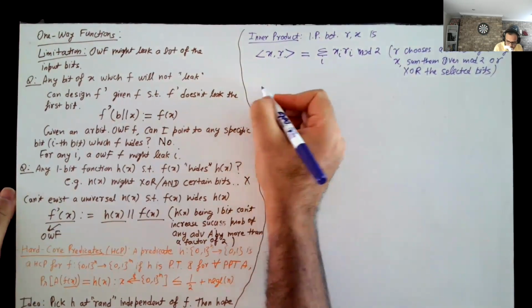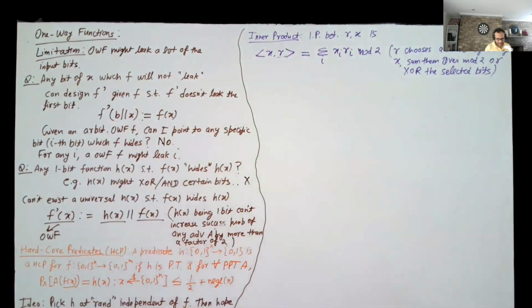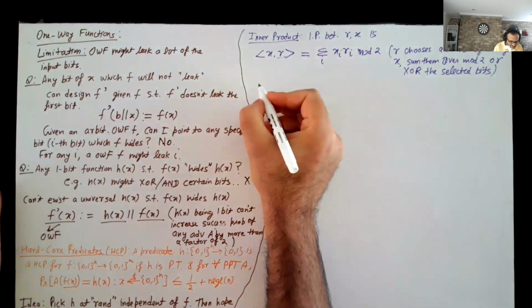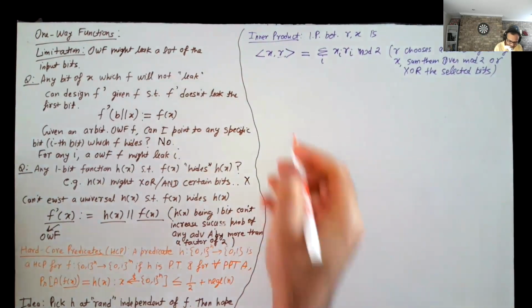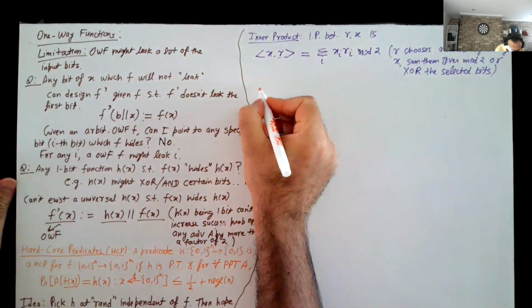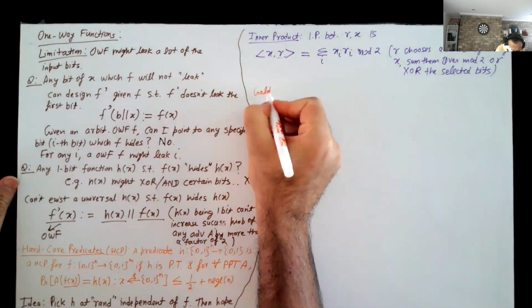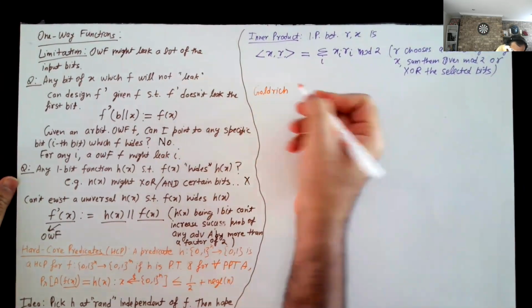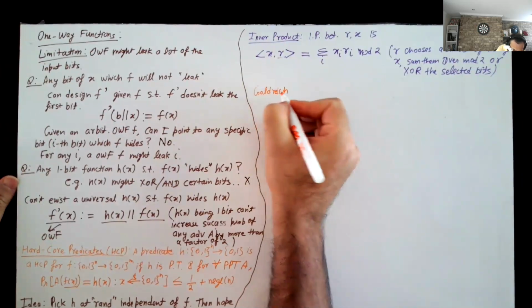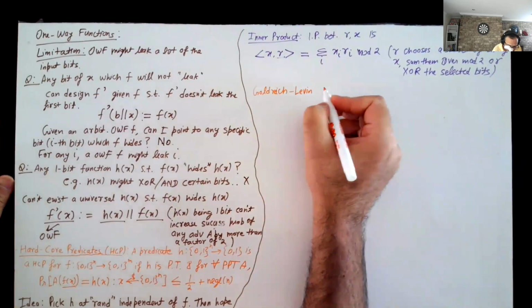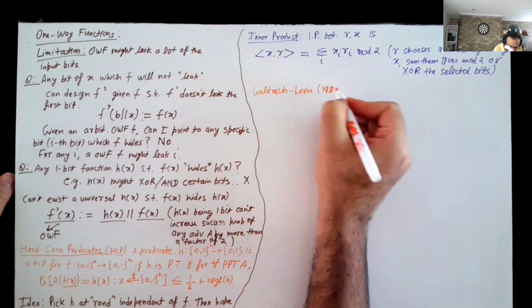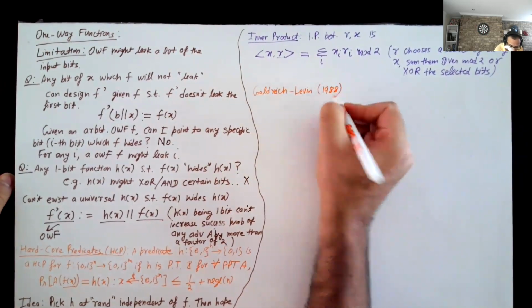And now here is the Goldreich-Levin theorem. I think it was 1987 or 88. Let me go with 88.